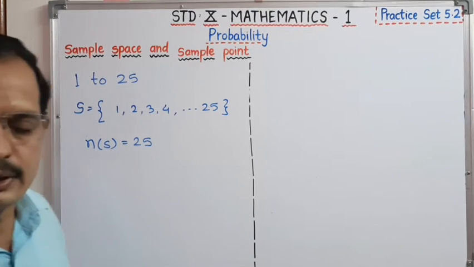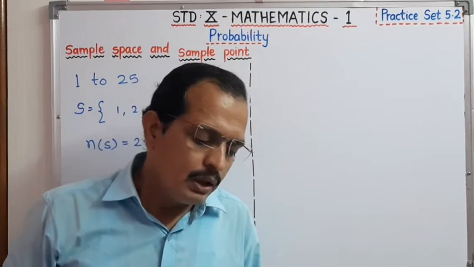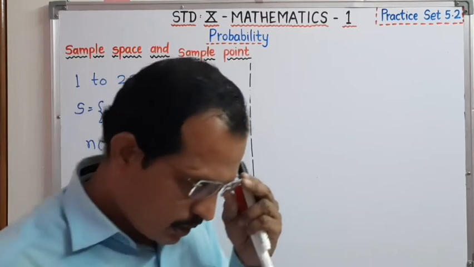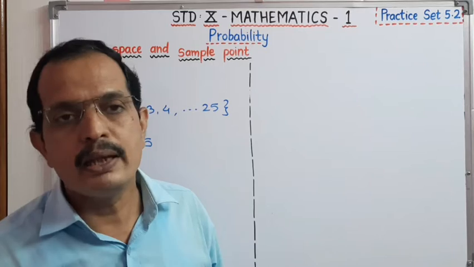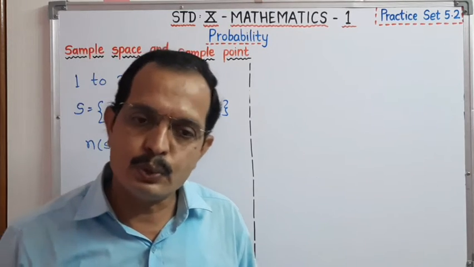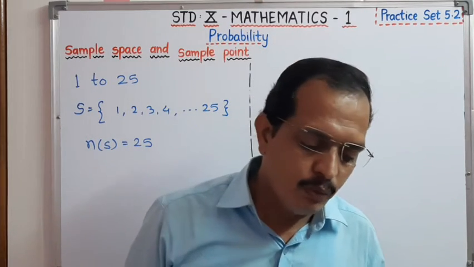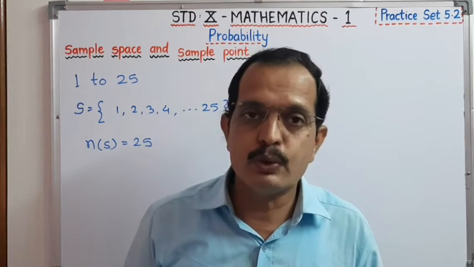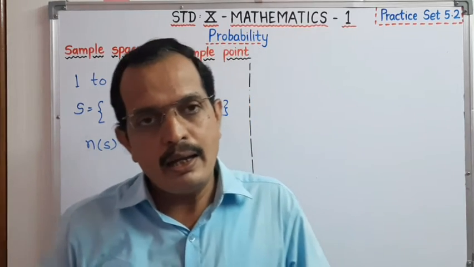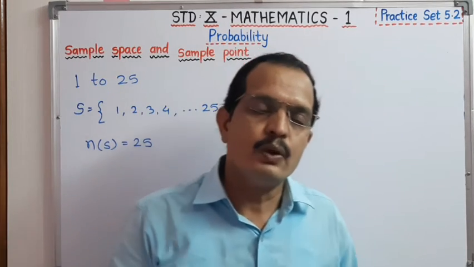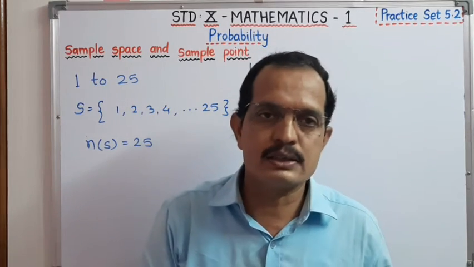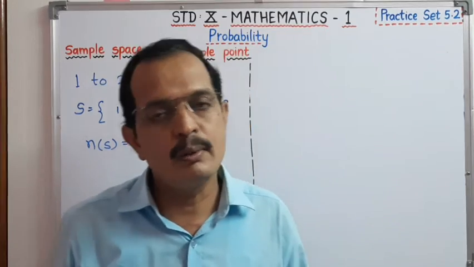Dear student, very easy. Now see, I have already explained to you about the playing cards. There are a total of 52 playing cards, and according to color, they are divided into two groups: 26 of red color and 26 of black color.